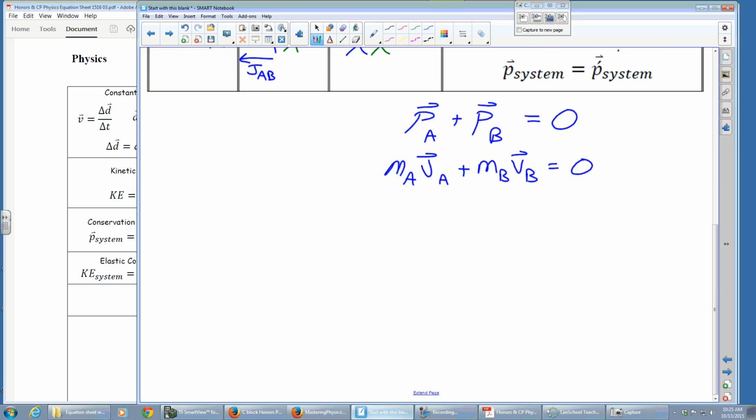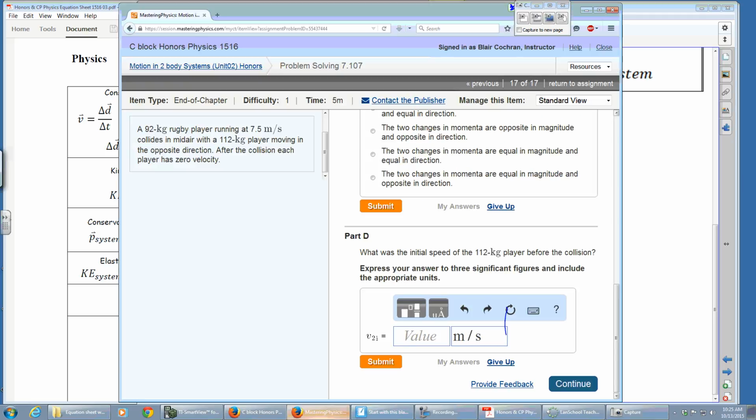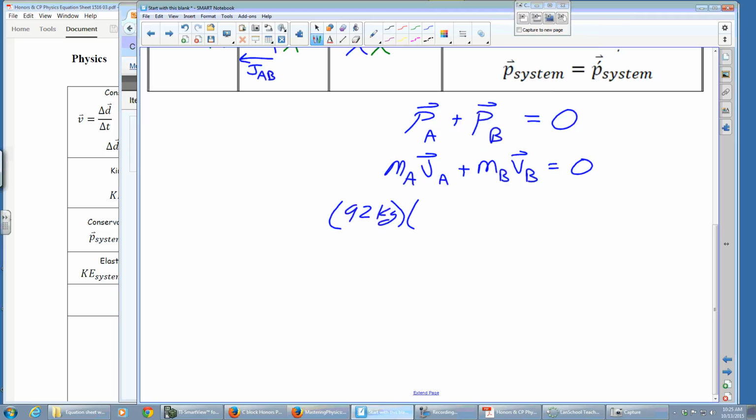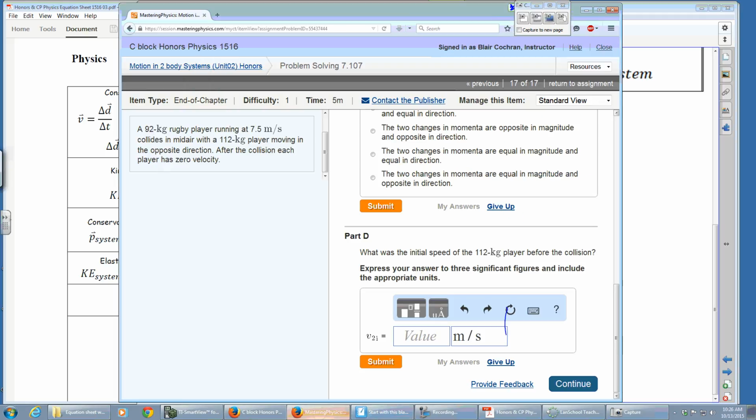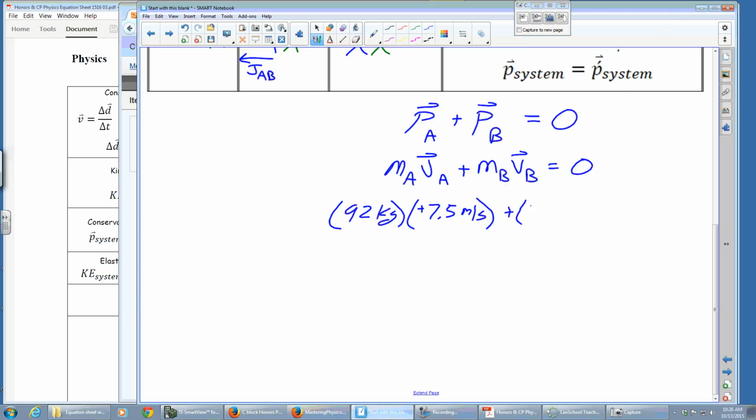So I'm going to substitute in here: this one's 92 kilograms and positive 7.5 meters per second, because it was going in that direction, plus the inertia of B, which was 112, and the velocity of B equals 0.